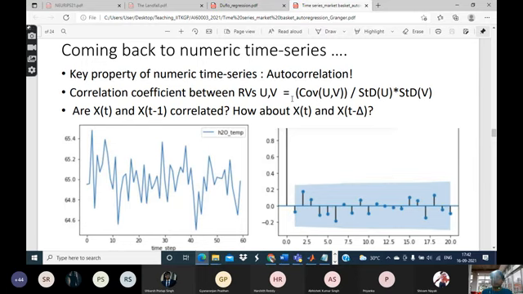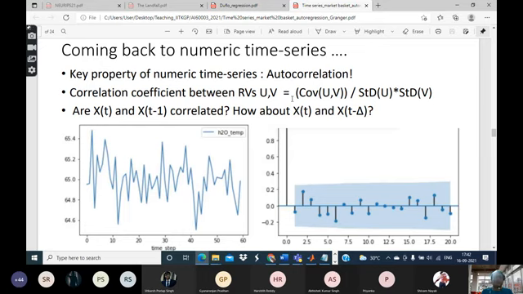What is the typical value of the correlation coefficient between two quantities? What range does it take? 0 to 1 or -1 to 1? Minus 1 to 1. Right. So suppose I have two random variables u and v whose correlation coefficient is 0.8.